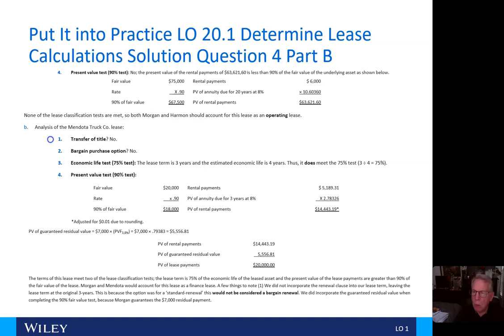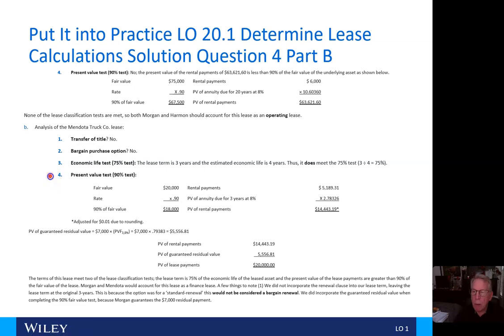Number one, no. Two, is there a bargain purchase option? No. Number three, the economic life test, 75%. The lease term is 3 years, and the estimated economic life is 4 years. Therefore, it does meet the 75% test, 3 divided by 4, 75%.